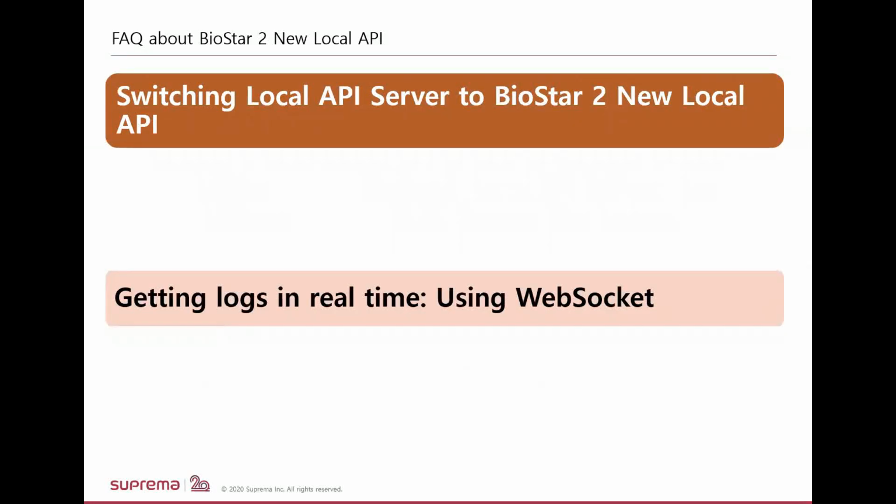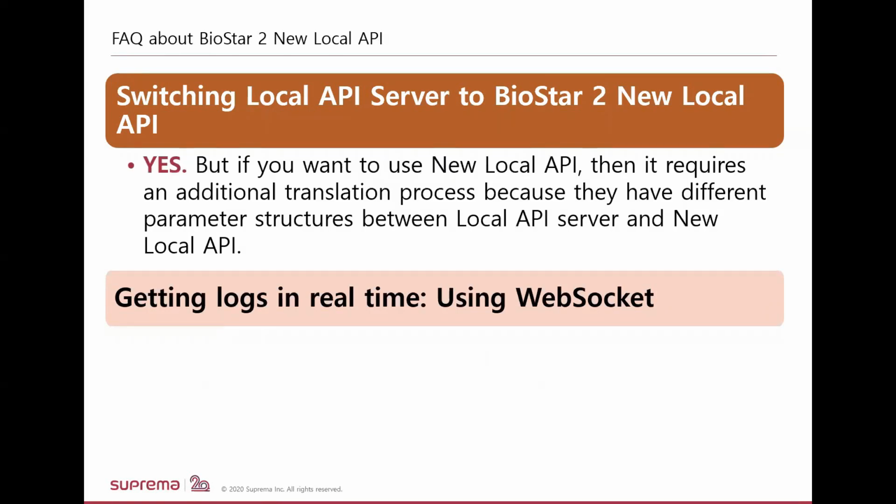The third question was whether it is possible to switch from the local API server to BioStar 2 New Local API. Of course, it is possible. However, if you want to switch, an additional conversion process is required.